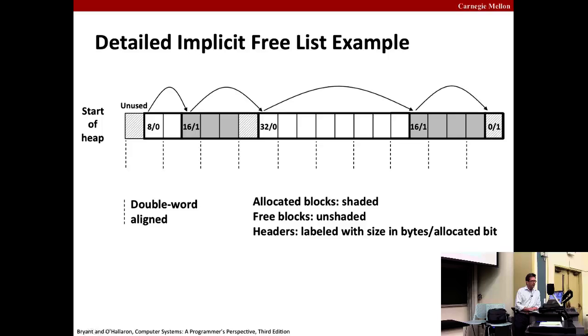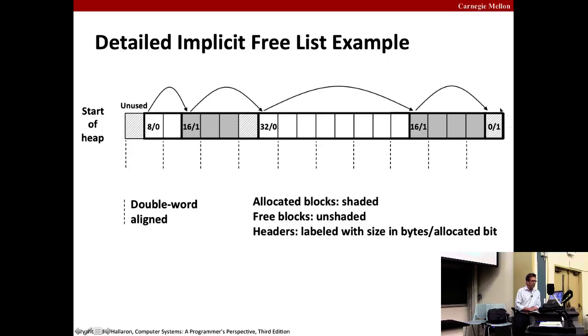And then we have this special epilogue block, which is a block with a 0-sized payload. It's an allocated block of size 0. Okay, and this is a trick you should use too. We'll see when we look at coalescing why this helps.